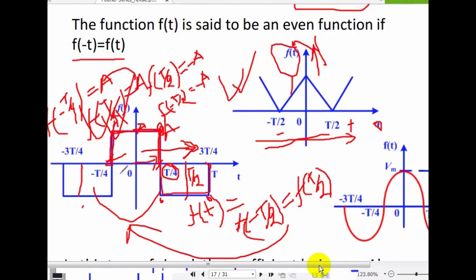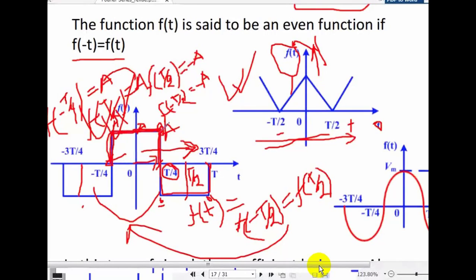If someone is very smart and says, no sir, I will consider minus t by 4 is a and f of t by 4 is minus a, no, you cannot, because the signal is starting from here and coming.